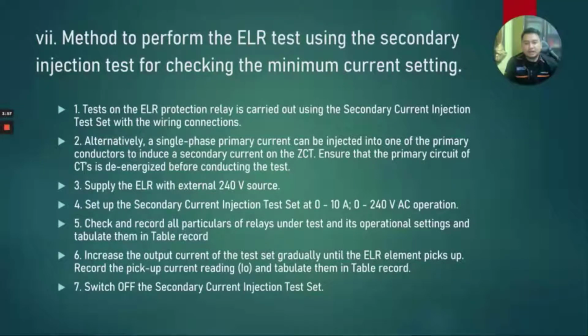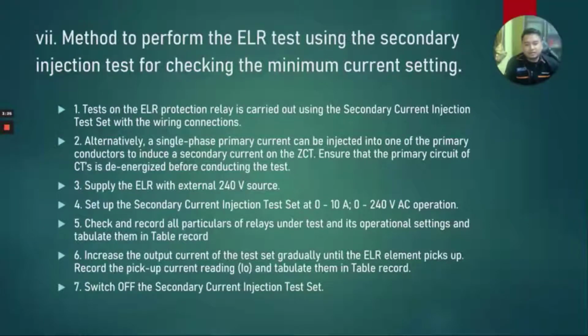Supply the ELR with an external 240 volt source. Set up the secondary current injection test set at 0 to 10 ampere and 0 to 240 volt AC operation. Check and record all particulars of the relay under test and its operational settings and tabulate them in the table record.